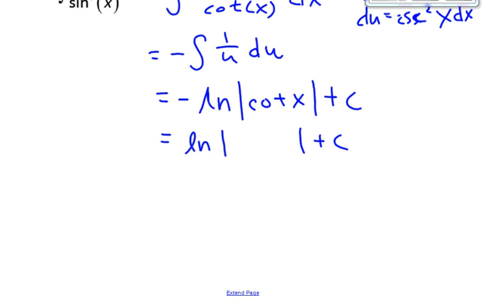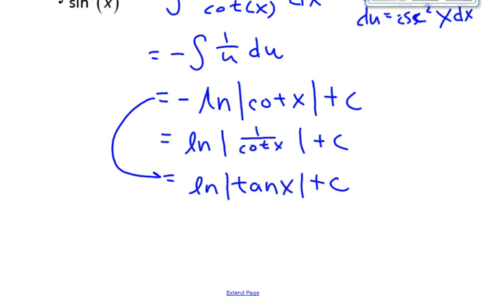It's cotangent to the negative 1, but it really means the reciprocal, because of the log rules. It's not arc cotangent. So it's the reciprocal, not necessarily to the negative 1 power. So the reciprocal of cotangent is 1 over cotangent, which is tangent. I just want to make sure that you see that this is equal to this and vice versa, because you may see that on a multiple choice part of the test.